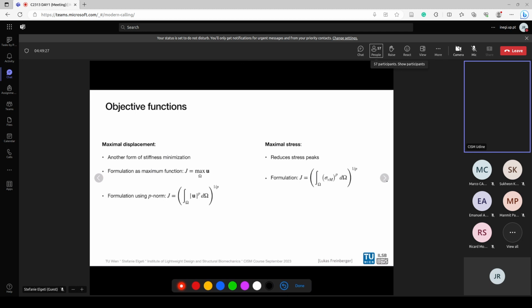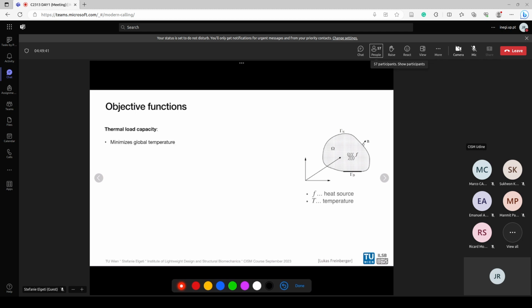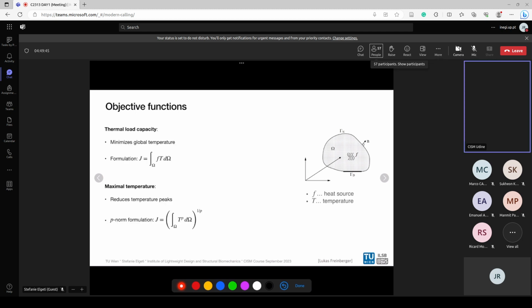The same thing can be done if we look at maximal stresses. Maximal stresses can also be something that one would want to avoid. Again, you don't really want to use the maximum function, but you use this formulation in order to make it smooth. And then finally, also with the thermal load, or the heat temperature behavior.